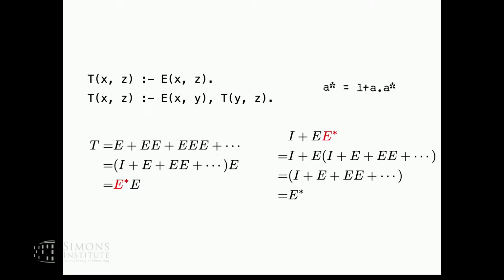E star is by definition 1 plus E plus E times E all the way to the right. Then we can distribute this multiplication across the sum. So now we get back I plus E plus E times E all the way to the finish, and this gets back E star as we expected.